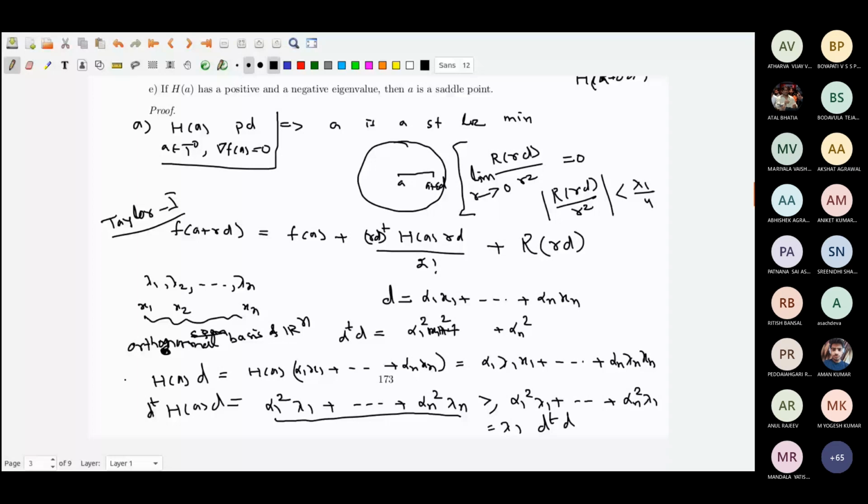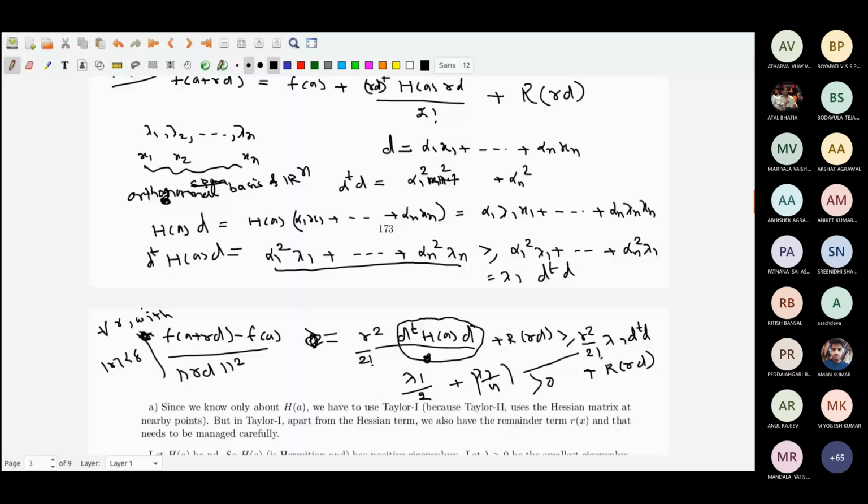So for all those small R, I will have that FA plus RD minus FA is greater than 0.